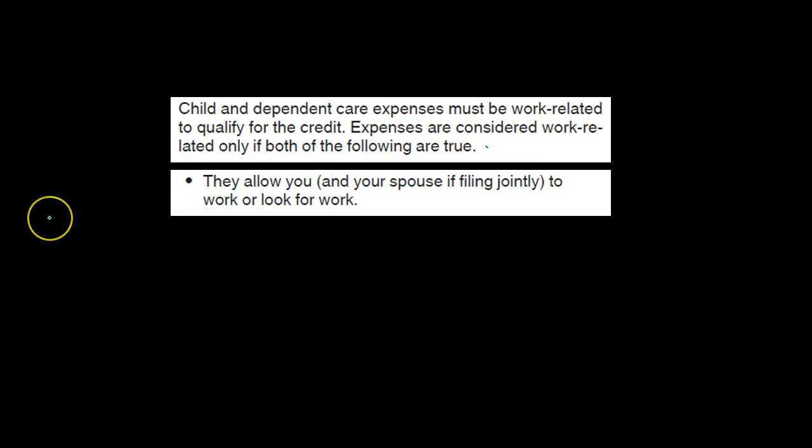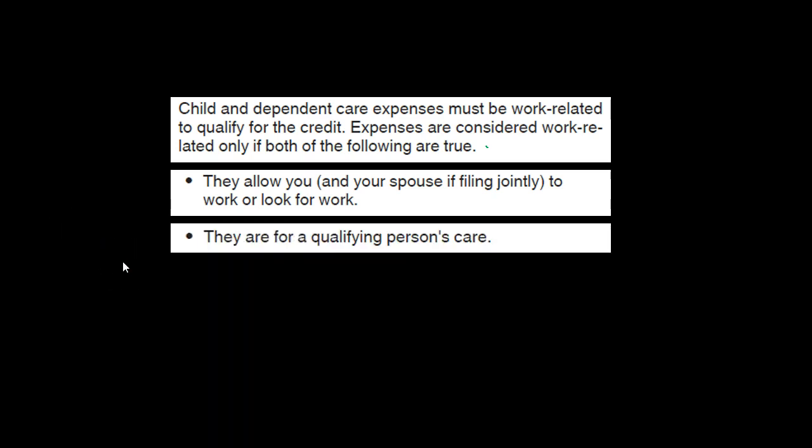So both of these must be true to be work-related. First, they allow you and your spouse, if filing jointly, to work or look for work. Second, they are for a qualifying person's care. We talked about what a qualifying person is in a prior presentation. These two must be met in order for the expenses to be considered work-related.